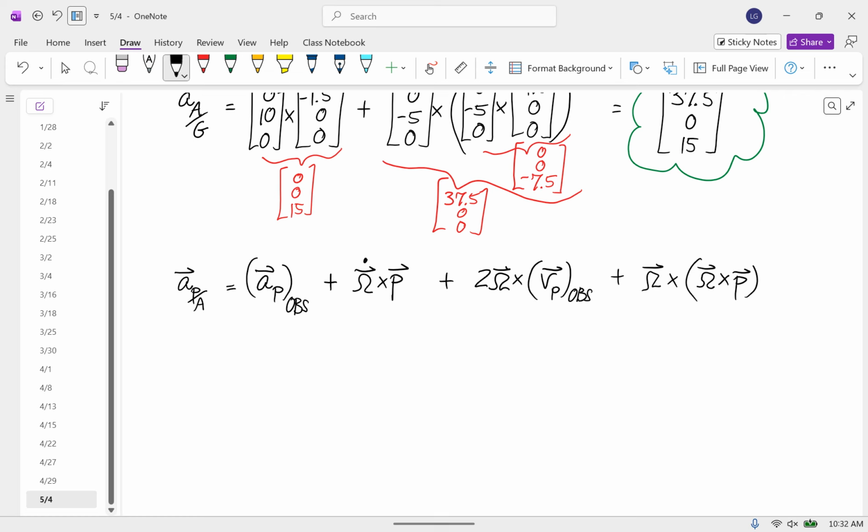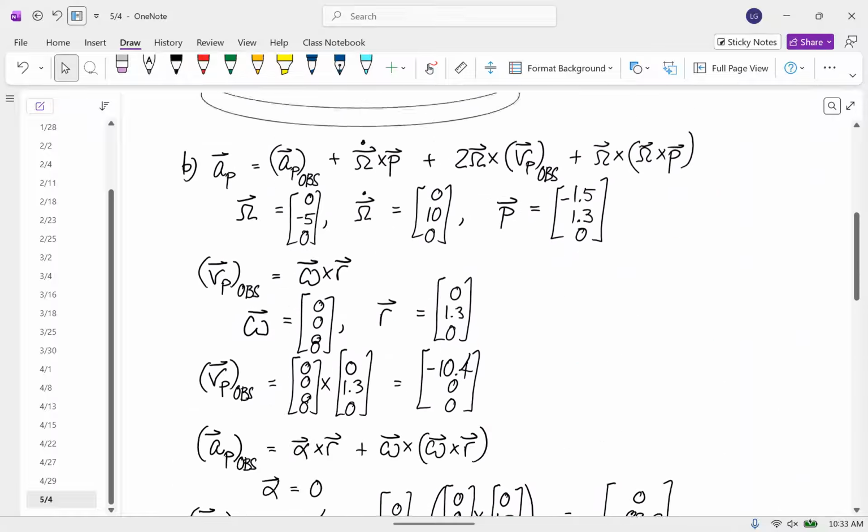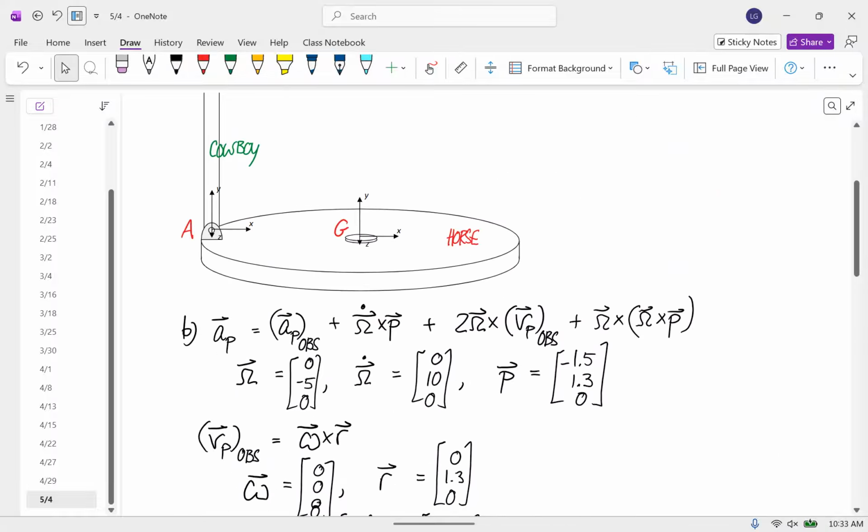And now we have to collect this stuff. So let's collect the seashells first. So the angular acceleration of the coordinate system. This coordinate system, when we did part B, was rotating with the disk.